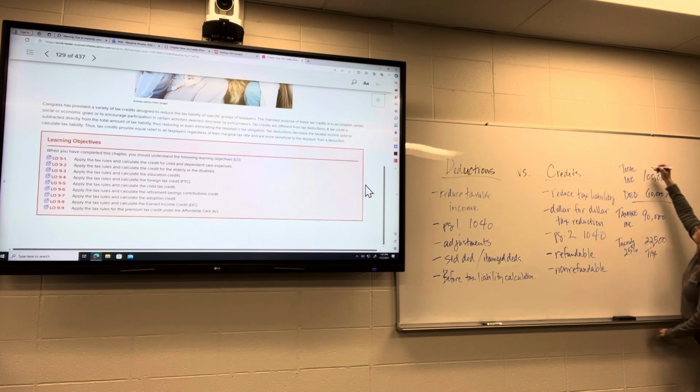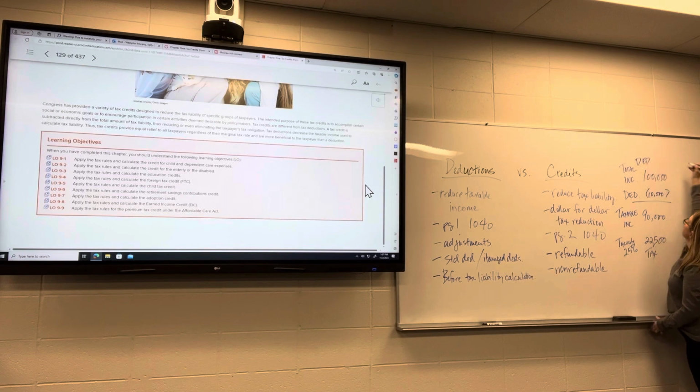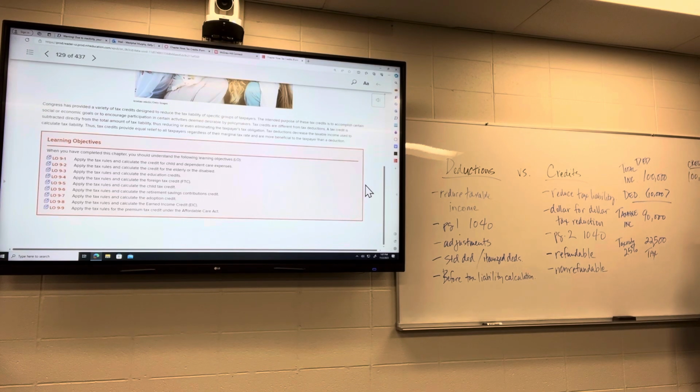Same scenario, this is with the deduction. This is with credit. 100,000 income, no deductions, taxable income is 100,000. Rate 25%.